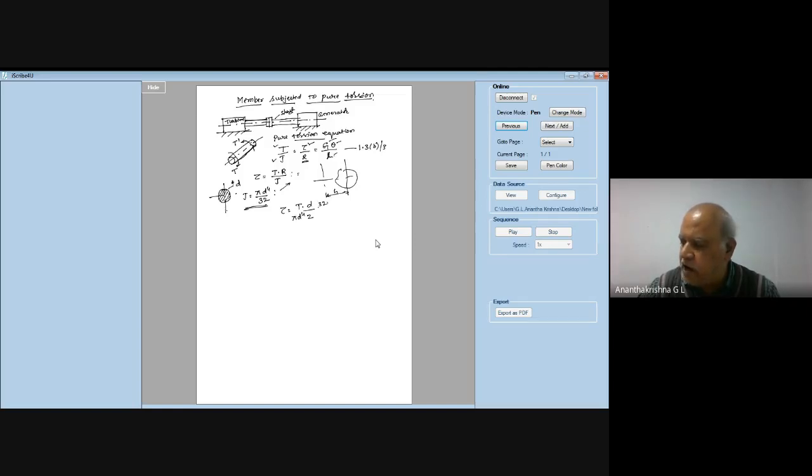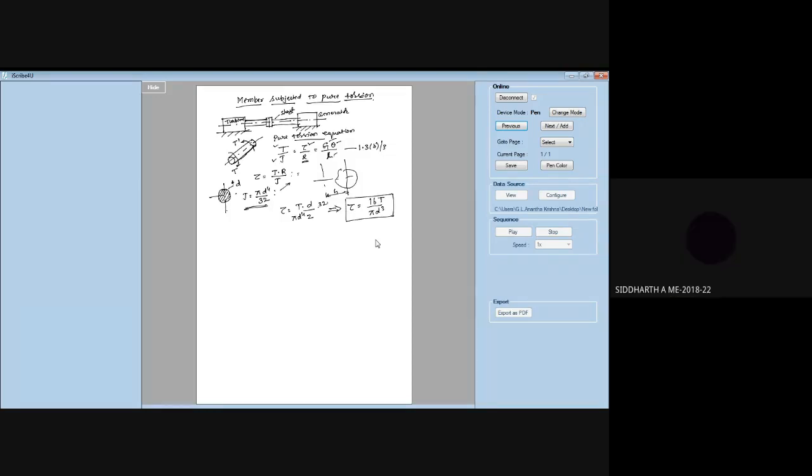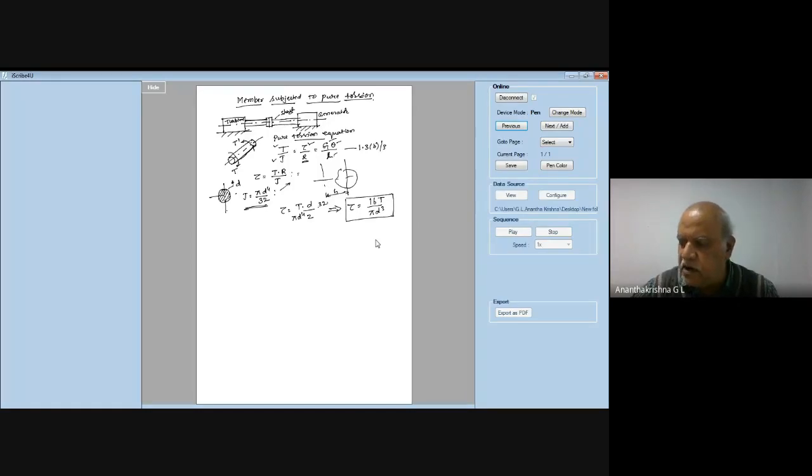When I simplify, I get shear stress tau equal to 16 T by pi d^3. That will give me the shear stress of a member subjected to torsion. Are you with me now? And one more thing: in the previous section, we learnt about section modulus Z is equal to I by Y.